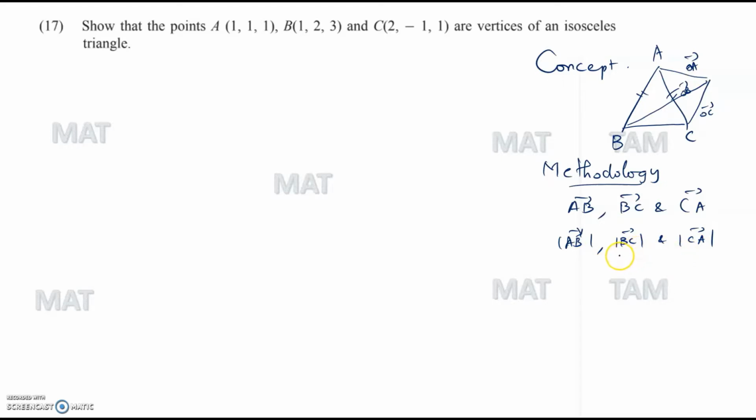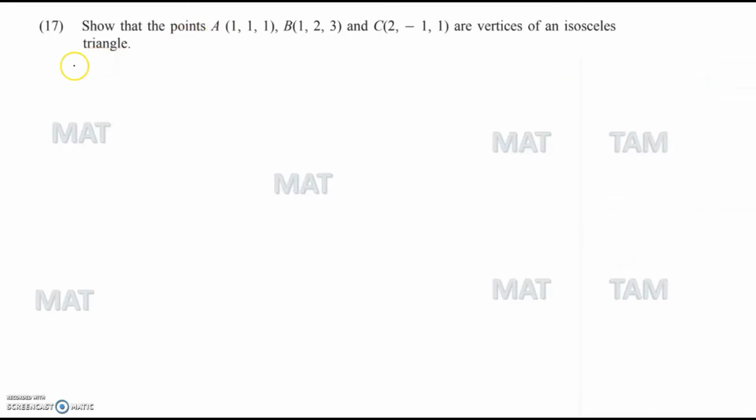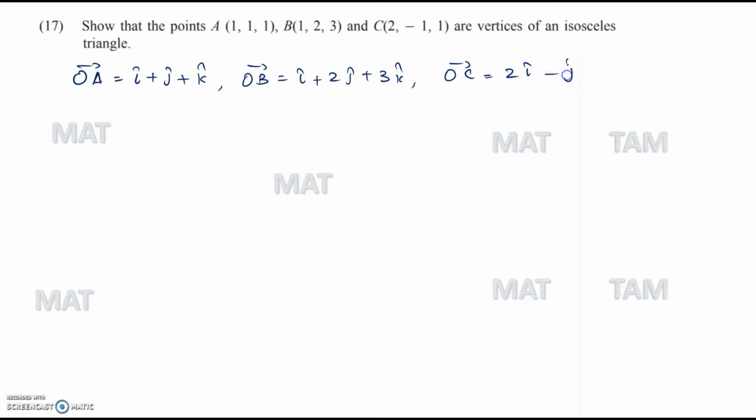Okay, so let's proceed. So from what is given, we can write OA vector is equal to i cap plus j cap plus k cap. And our OB vector is equal to i cap plus 2j cap plus 3k cap. And our OC vector is equal to 2i cap minus j cap plus k cap.